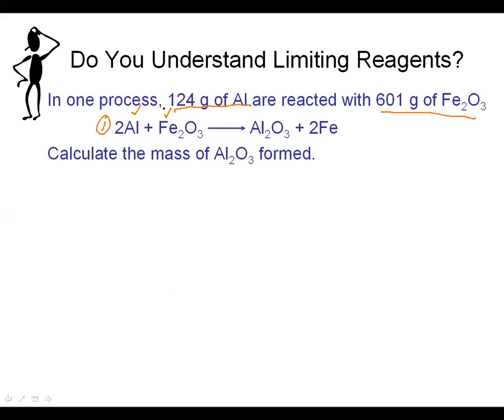So the second step, again, is basically the same. We're going to convert each of those grams into moles. So we'll start with the aluminum. Aluminum is 26.98 on the periodic table. So we're just going to take our 124 grams of aluminum. We're going to use the periodic table and the molar mass to convert it into moles.